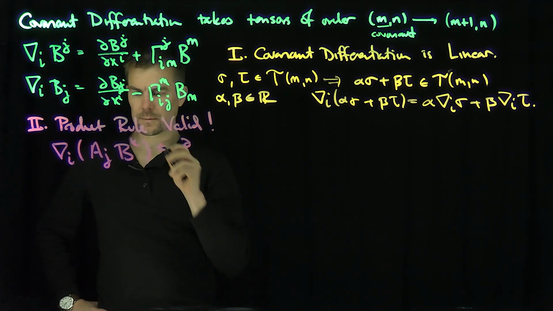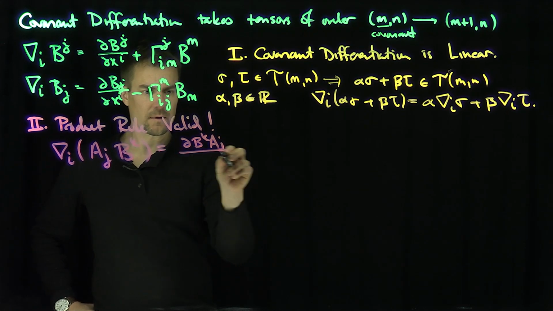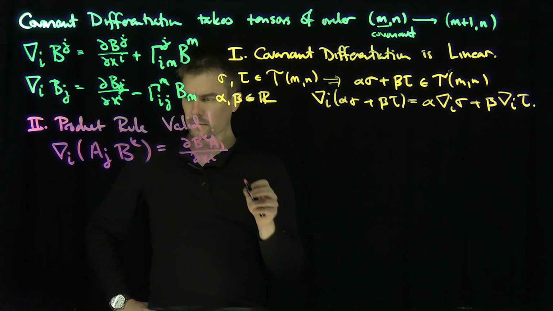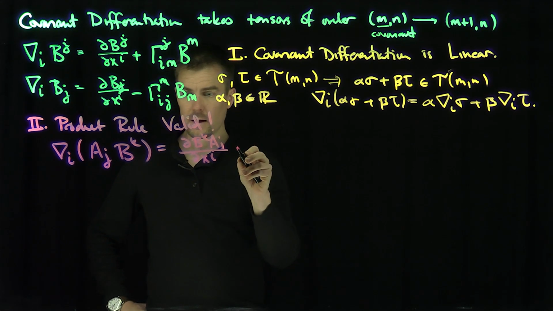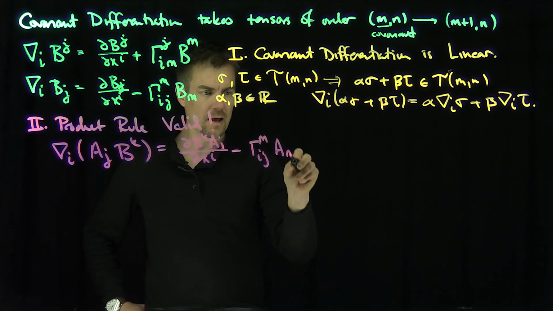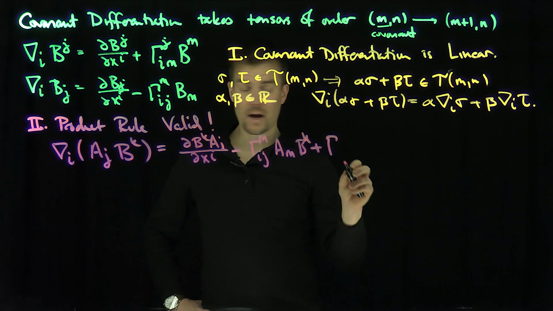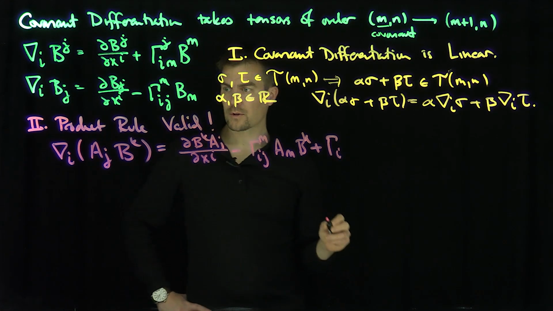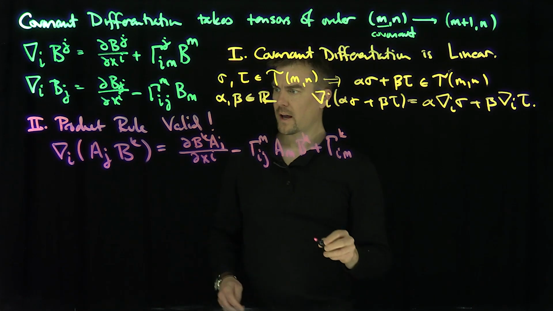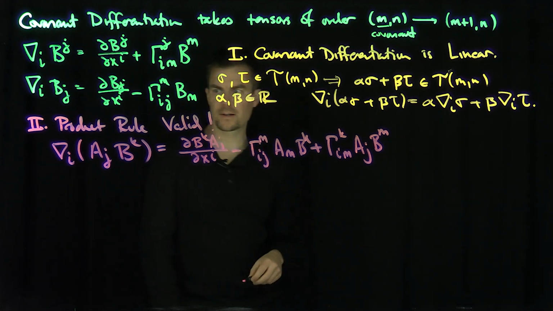Well, by definition, this would be the partial of a_j b^k with respect to x^i, and then minus Γ^m_{ij} a_m b^k, plus Γ^k_{im} a_j b^m, like so. Okay, that's the definition of covariant differentiation.